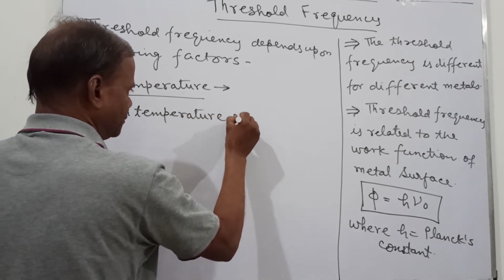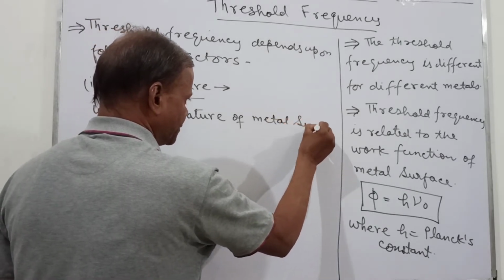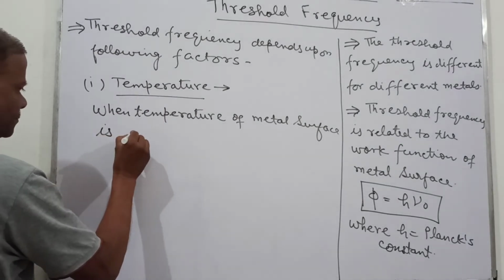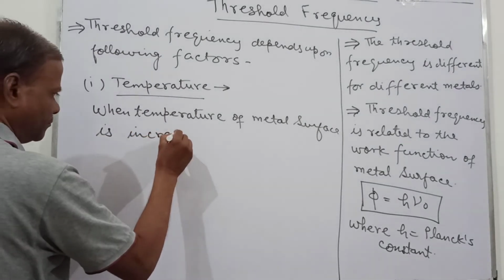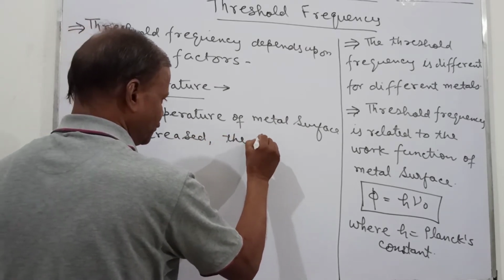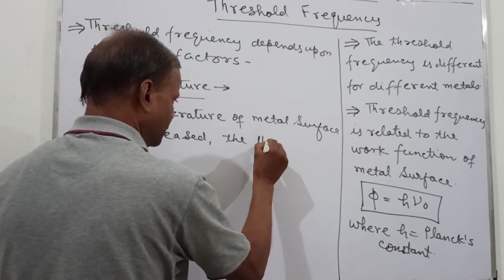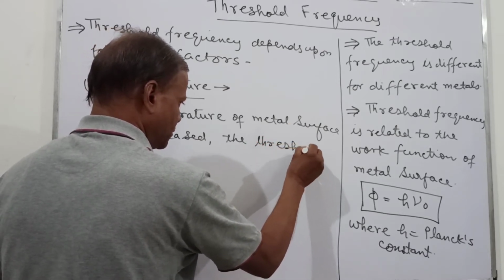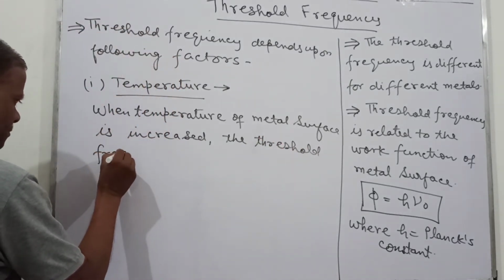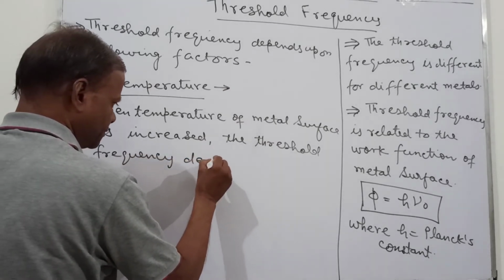When the temperature of the metal surface is increased, the threshold frequency decreases.